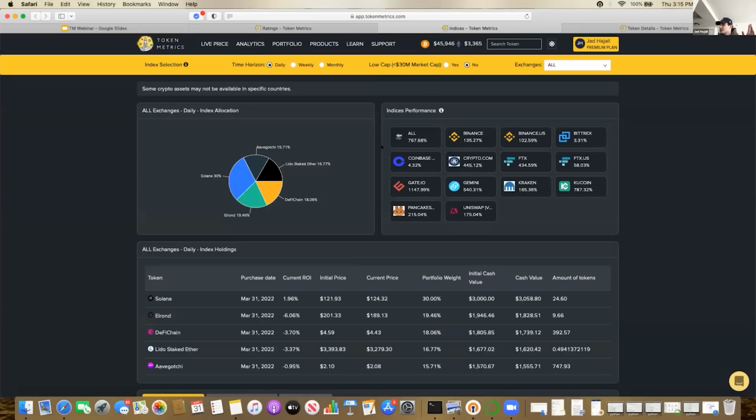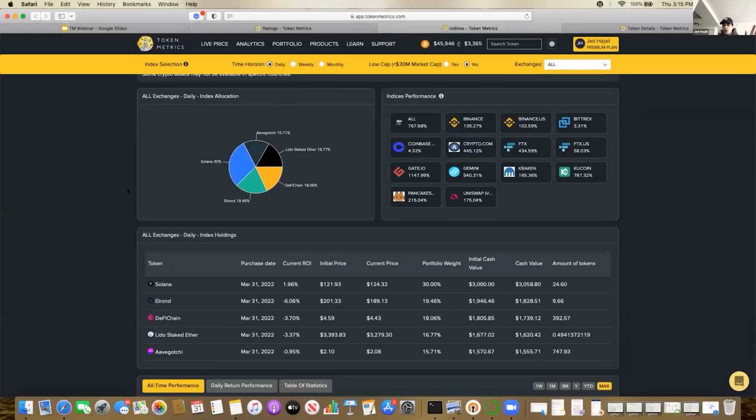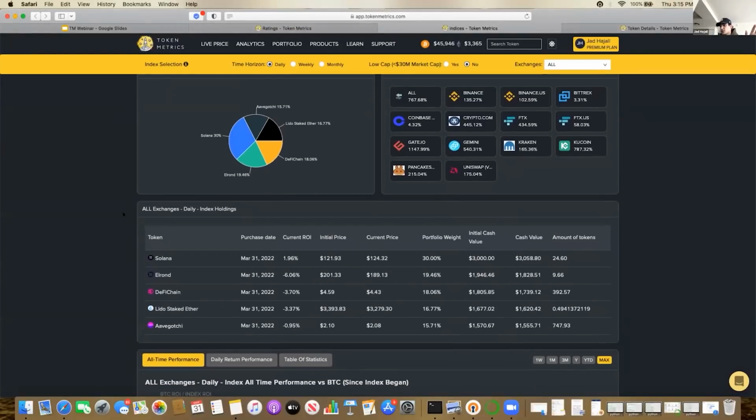And the best part is, like I mentioned before, if you only have access to one exchange or 2 exchanges, you can choose on what exchange you want this portfolio to be built, and it will give you coins that are only tradable on this specific exchange with an allocation like this. And of course, we provide all the transactions for full transparency.